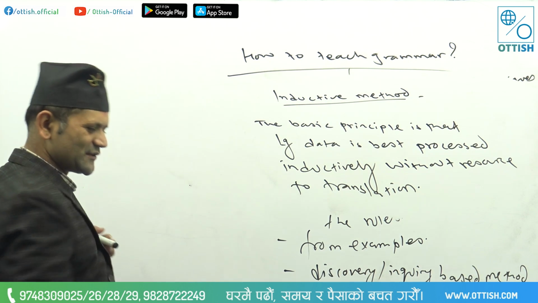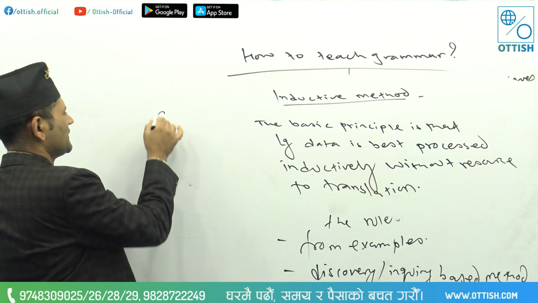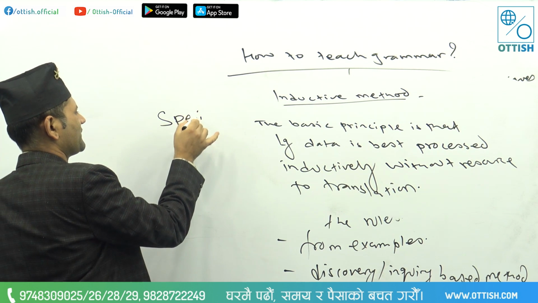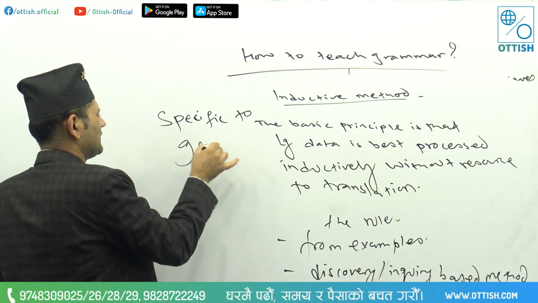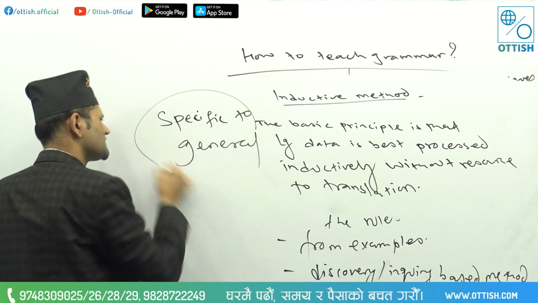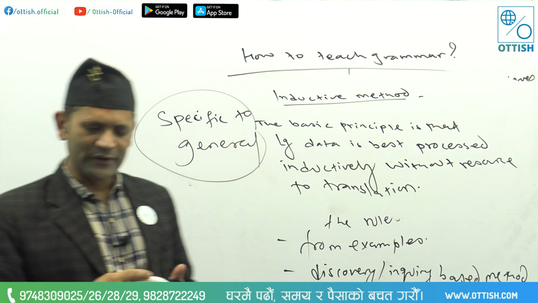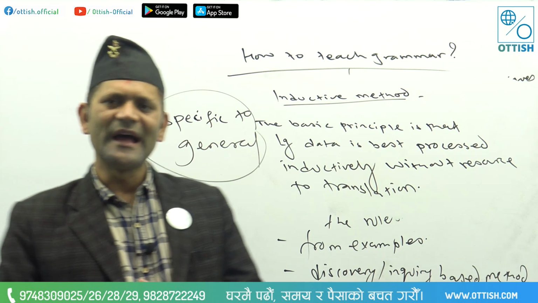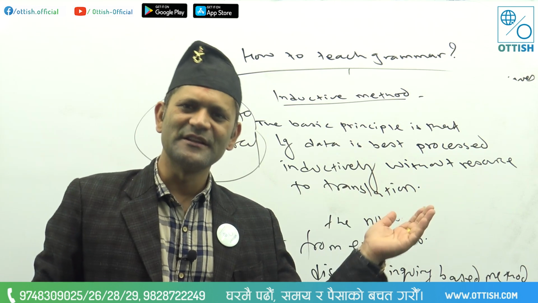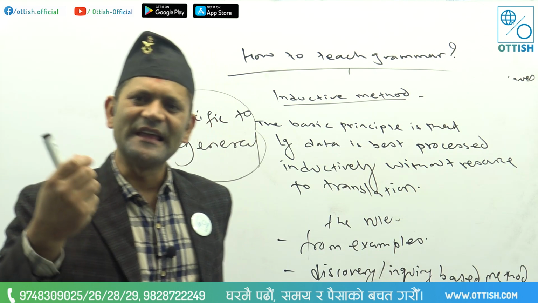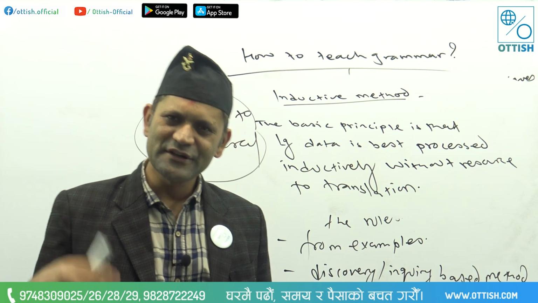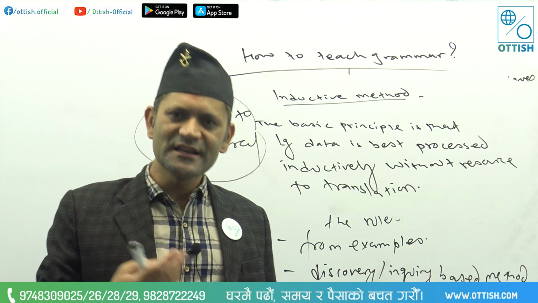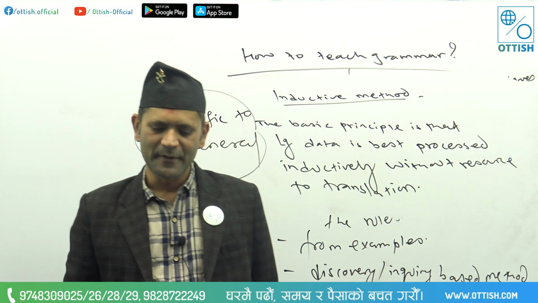Specific means actual use of language, and then the rules. It follows this sort of order in learning, or concrete to abstract. Concrete means they see the exact application of the rule, and abstract means they realize the rule and remember.